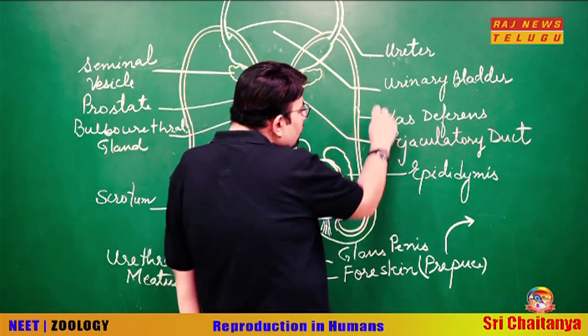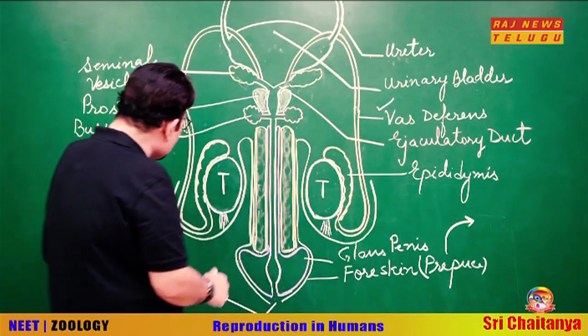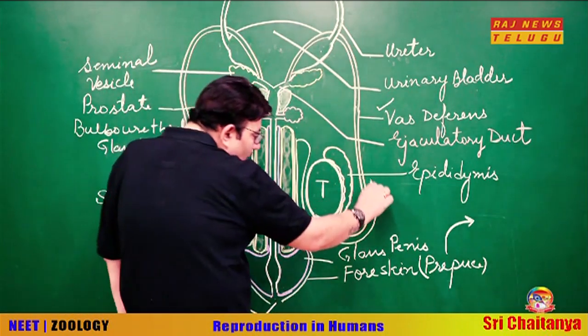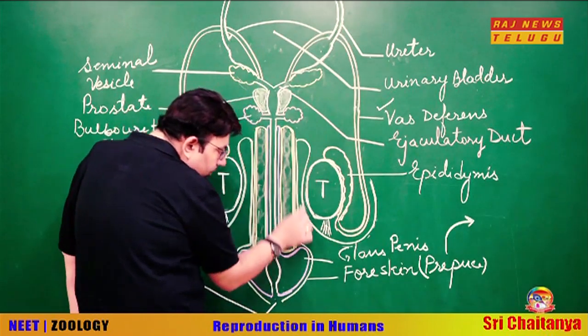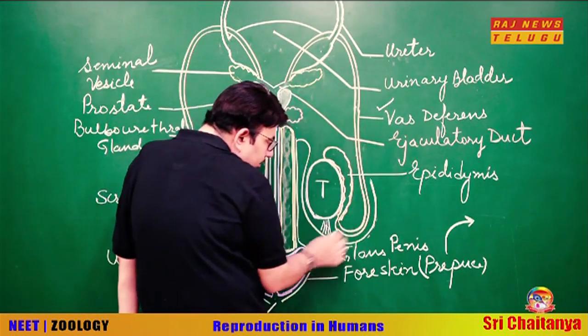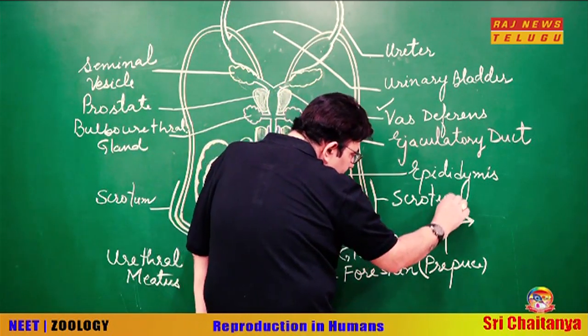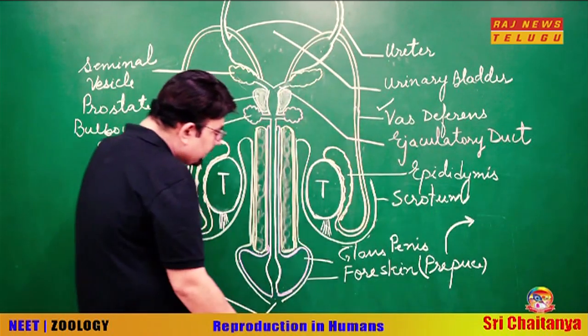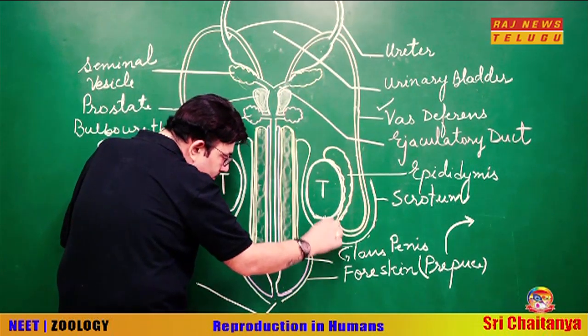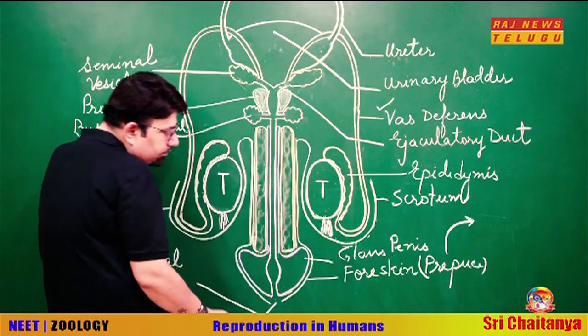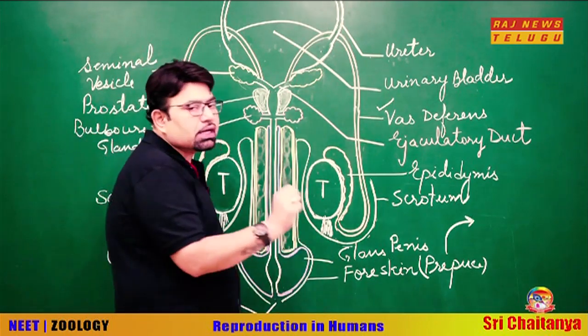These are the vas deferens. So, these are the vas deferens that you see, and this is the outer skin of the scrotum. This is the pouch of skin called scrotum, and these are the fibers through which it is connected to the base of the scrotum. These are called the gubernaculum.